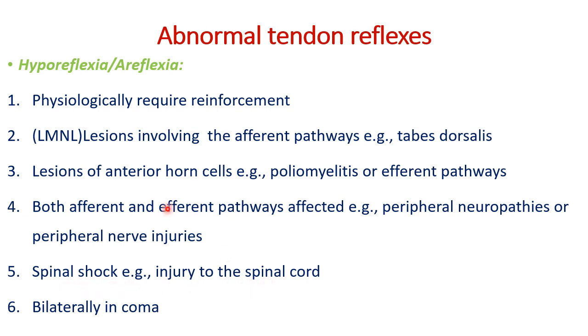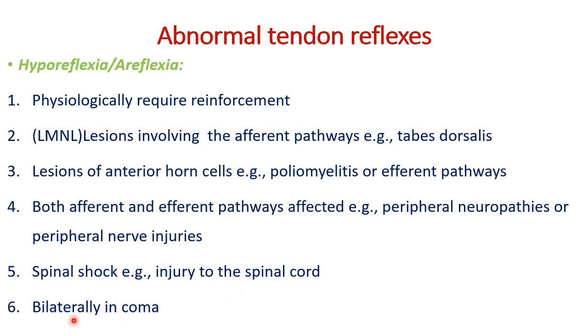Whenever there is injury to the spinal cord, all the motor and sensory reflexes below the level of the injury, or below the site of the lesion, are lost for some time, and it depends upon the recovery from the spinal shock. As the person recovers from the spinal shock, the reflexes may come back to normal, or they give a different response, which we'll be studying in a different lecture.